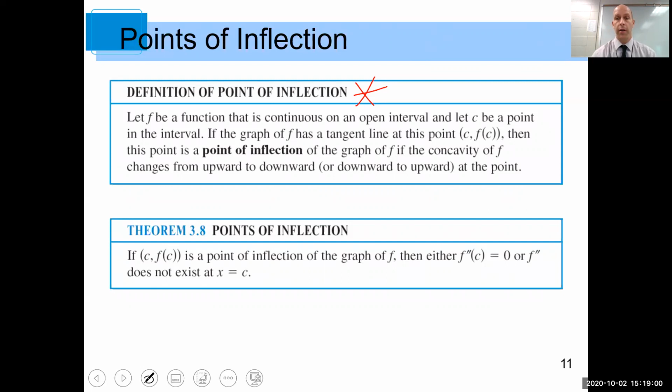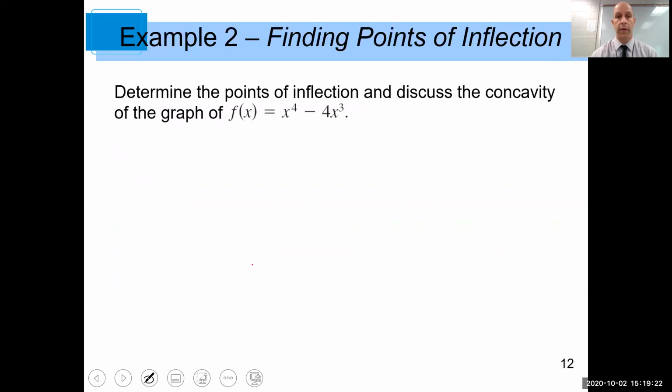Points of inflection: if c comma f of c, that means basically some x and some y, is a point of inflection, then either f double prime is 0 or f double prime does not exist. This is similar to when we talked about critical numbers, except now we're talking about the second derivative.